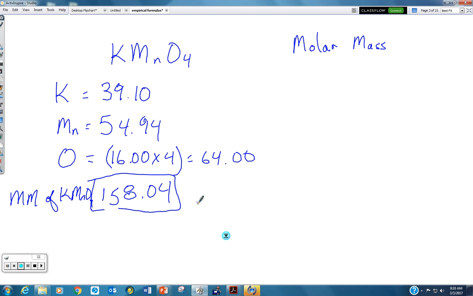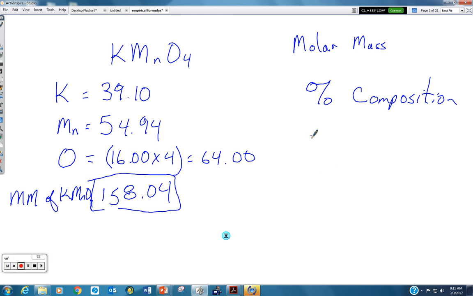Now, the second thing that we learned yesterday was how to get percent composition. If I wanted to know the percent of manganese in this formula, how would I determine it?